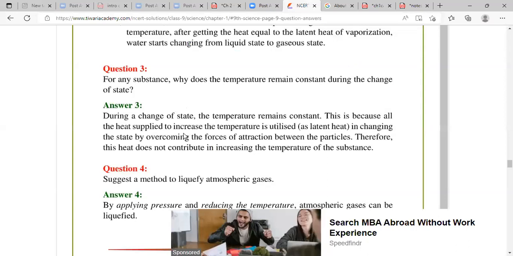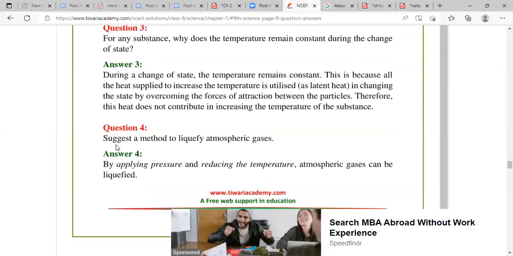Now the next question is, suggest any method to liquefy atmospheric gases. By applying pressure and reducing the temperature, atmospheric gases can be liquefied. So if you want to convert gases into liquid, you apply pressure and reduce the temperature.